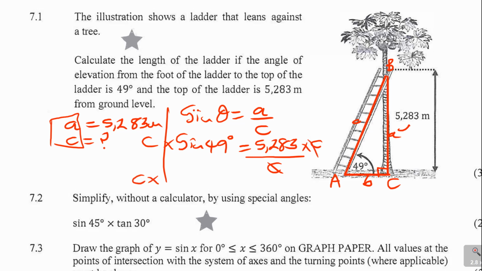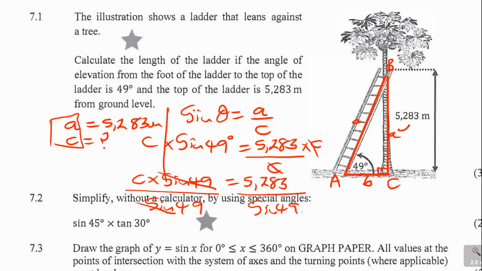So it's C times sine 49 is equal to 5,283. Do you see how it's like? How do I remain with C? Divide by sine 49 so that this can go. But what you do on the left, you do on the right, you divide by sine 49.